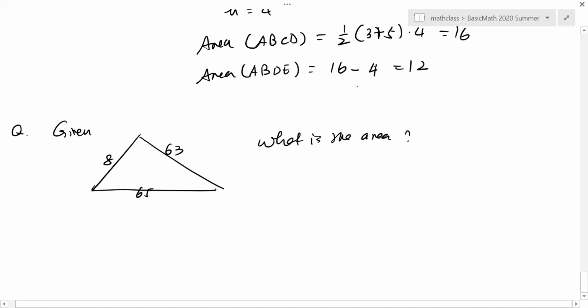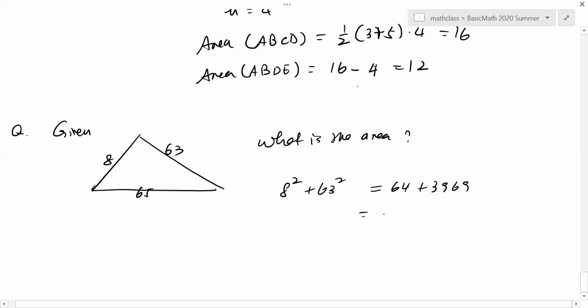So you get 8 squared plus 63 squared. Then you find out it is 64 plus 3,969.